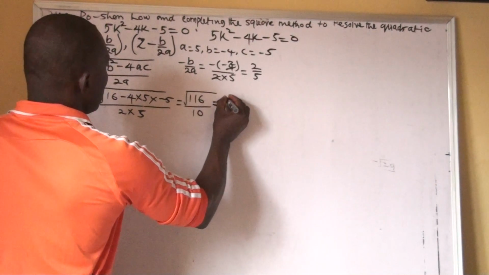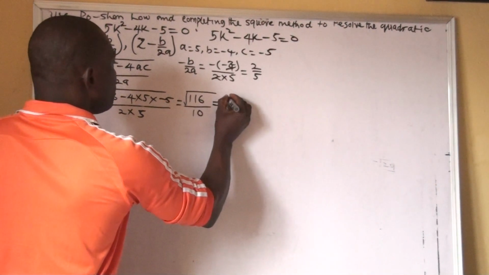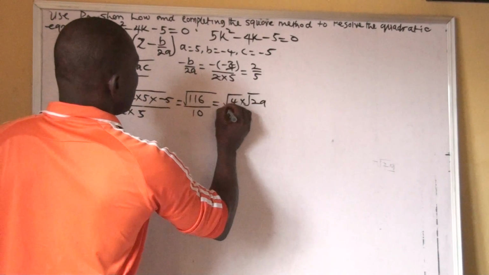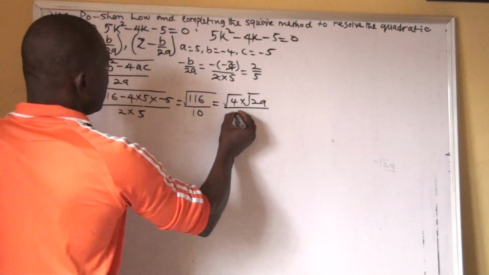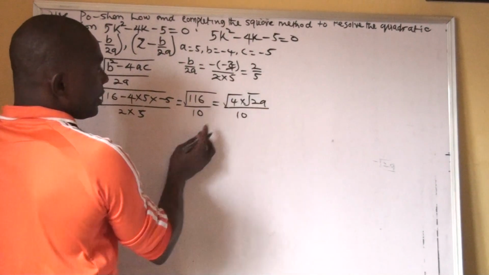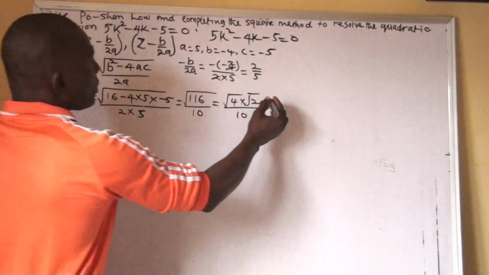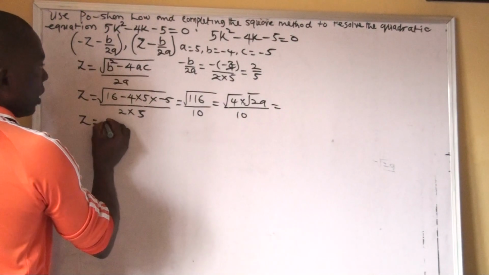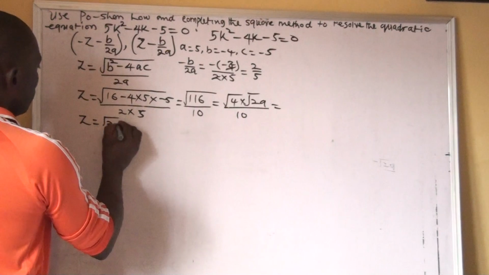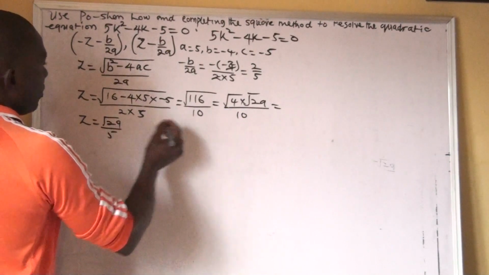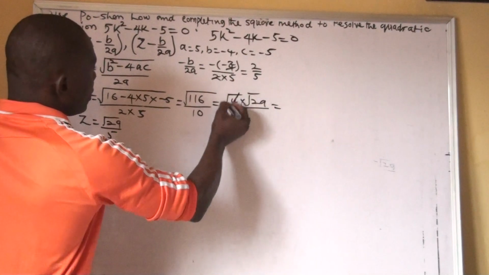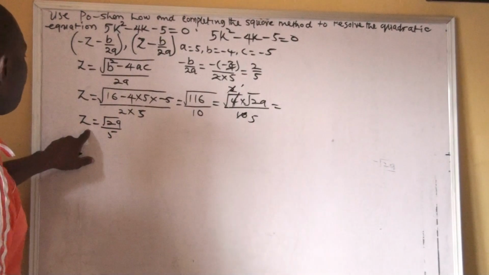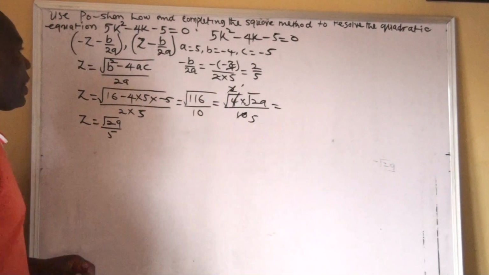It becomes root 4 times root 29, since 4 times 29 gives us 116, all over 10. The square root of 4 is 2, so the value of z becomes root 29 over 5, because 2 over 10 reduces to 1 over 5. So the value of z is root 29 over 5.